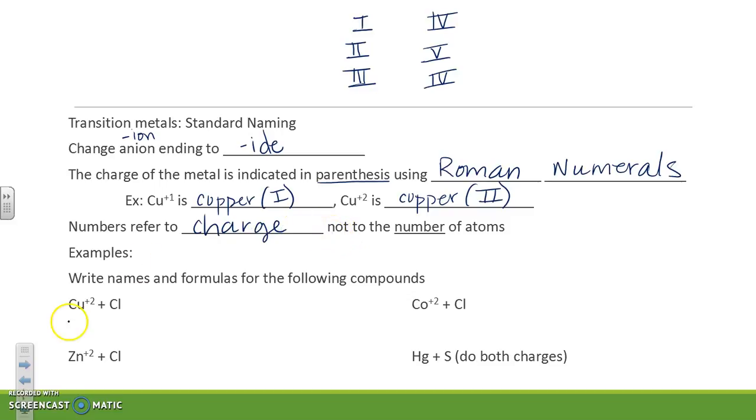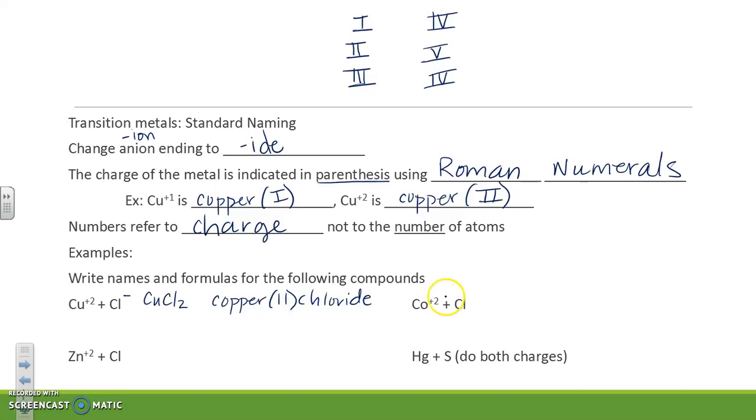All right, so for example, to write the names and the formulas for the following compounds. If we had copper with a +2 charge and chlorine, which has a -1 charge, to write the formula, we cross those down. It would be CuCl2, and this would be copper(II) chloride.